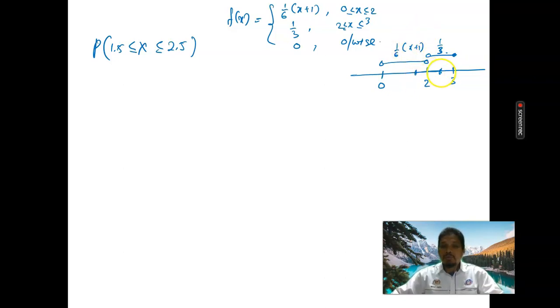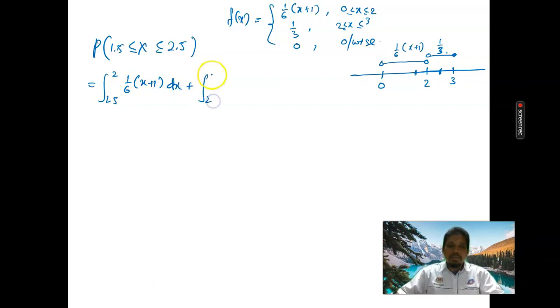From 2 until 2.5, this is the function. So then, the integral from 1.5 until 2, where the function is 1 over 6 (x plus 1) dx, plus the integral from 2 until 2.5, where the function is 1 over 3 dx.